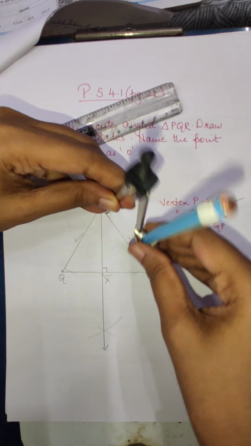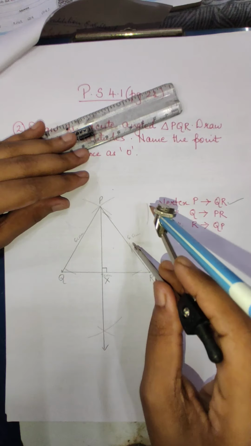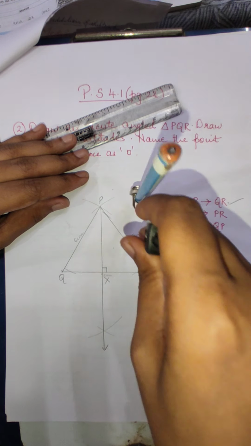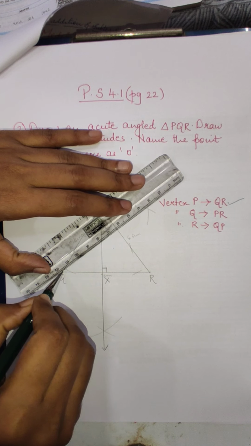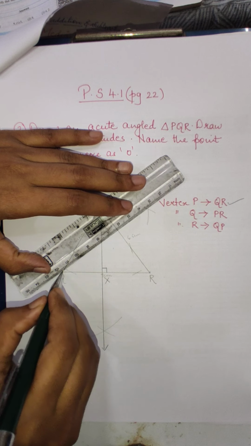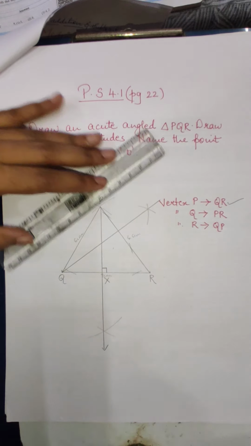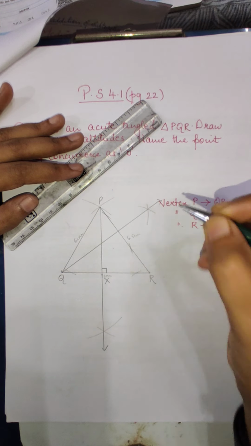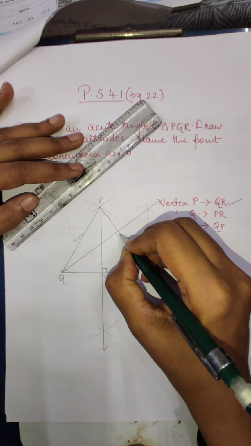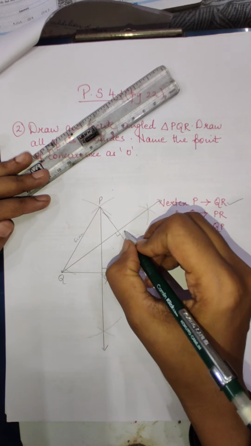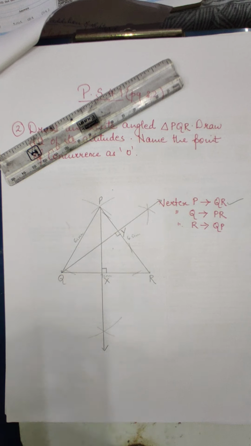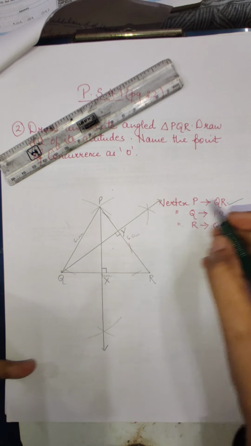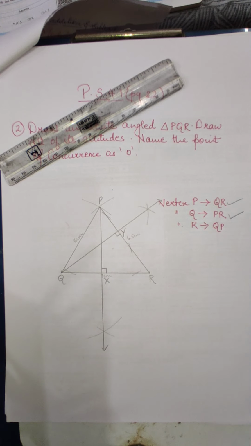Keep on the arcs. Now join this from Q. Draw a line. This is your second altitude, that is say Y. So you have completed with side PR also.